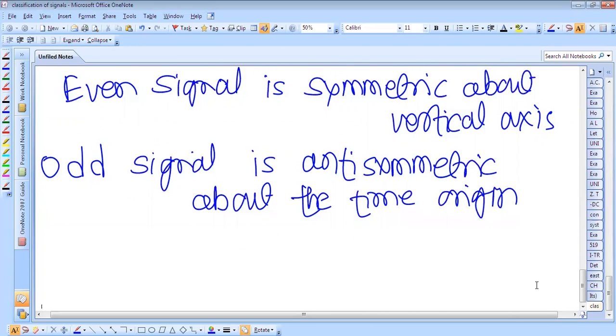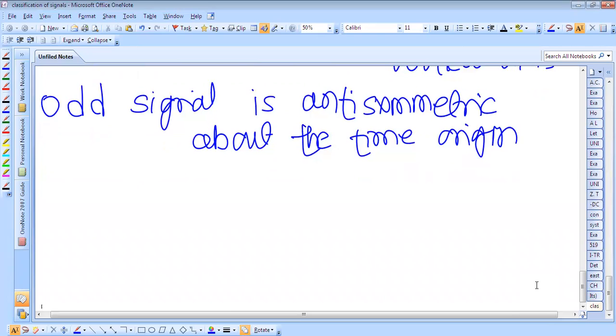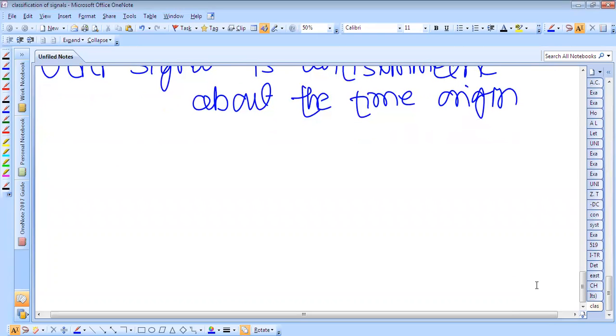So let us now suppose we are given an arbitrary signal x of t, and we may develop the even and odd decomposition of x of t. We have to decompose this arbitrary signal x of t.